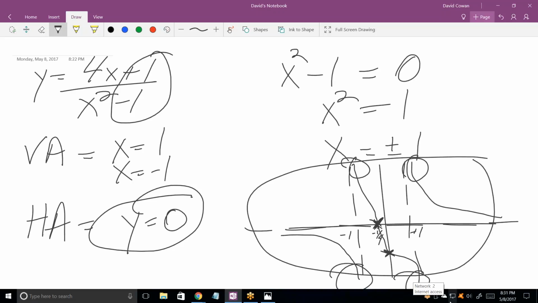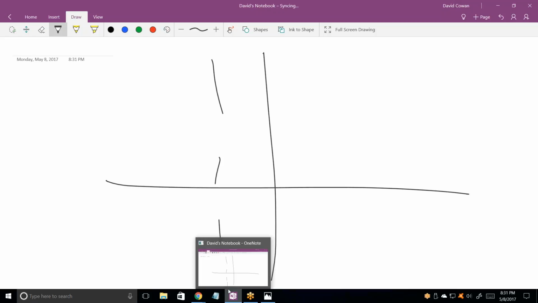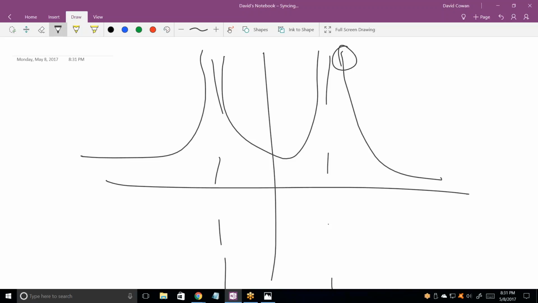You don't have a lot of curves that look like this. Let's say I had vertical asymptotes there and that. Curves don't look like that. Why? Because it goes to plus infinity and it comes out the other side at plus infinity. That's not a standard way curves are going to look.